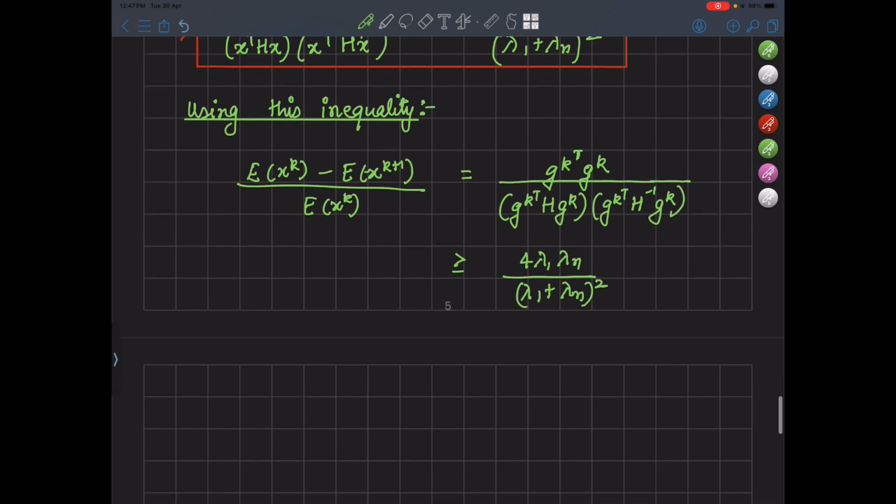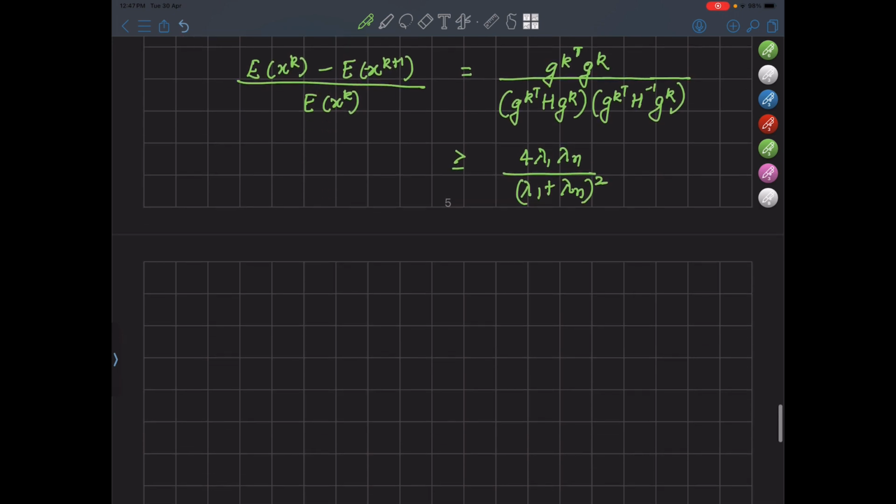And if you simplify the expression, you can find that E of x_{k+1} is less than or equal to ((lambda n minus lambda 1) upon (lambda n plus lambda 1)) whole square times E of x_k. So you get a bound on the error function in the next iteration given the error function in the current iteration.